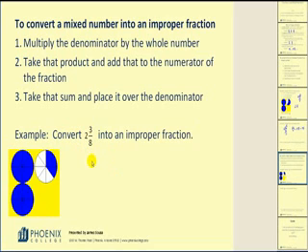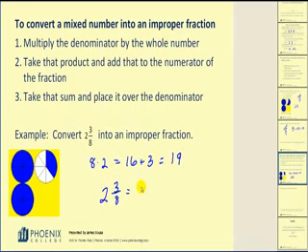Step 1, multiply the denominator times the whole number. 8 times 2 would give us 16. Add the numerator, which is 3. And this gives us 19. So what that tells us is 2 3/8 is equal to 19/8.